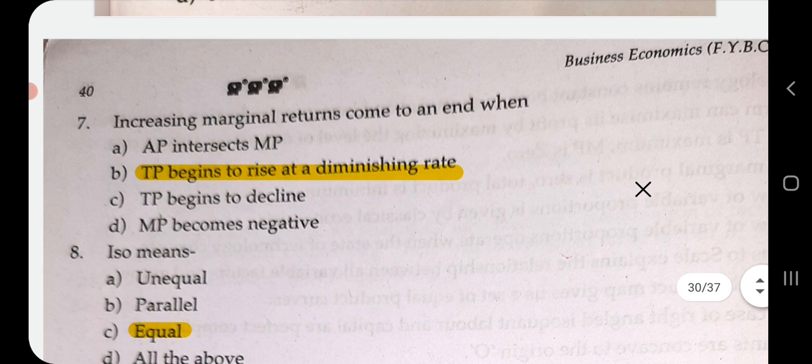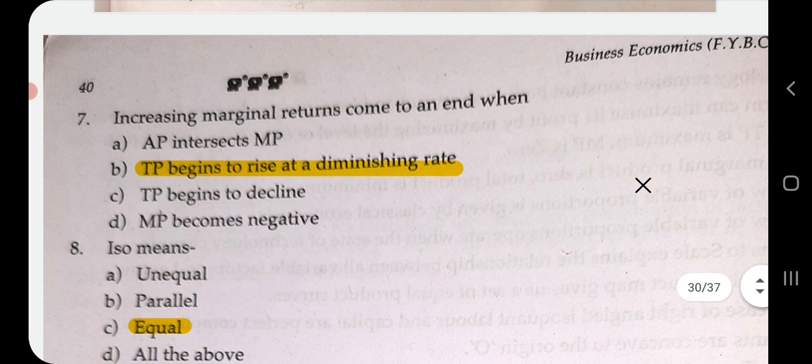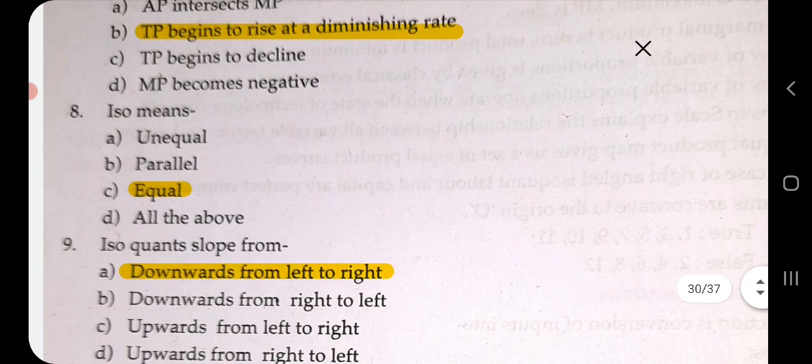Seventh question, increasing marginal returns comes to an end when, the correct answer is total product begins to rise at a diminishing rate. Next, eighth question, iso means, the correct answer is C, iso means equal or same.